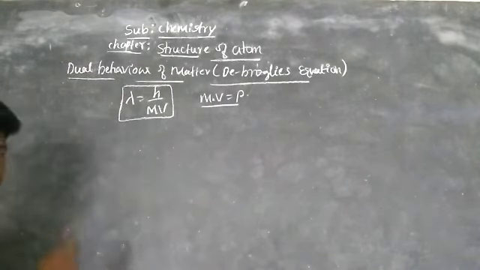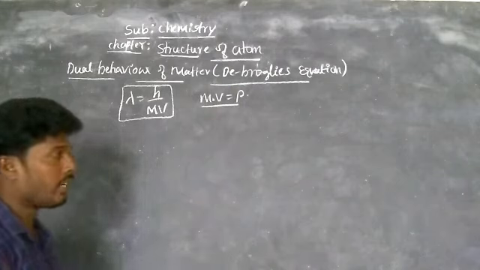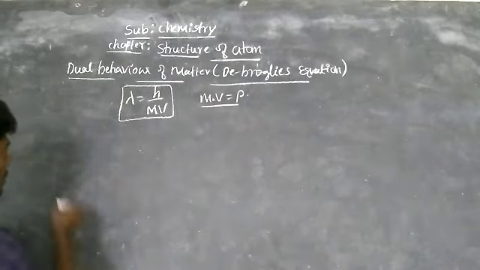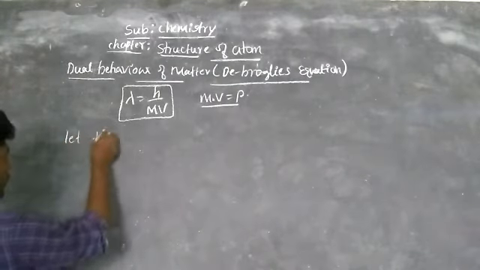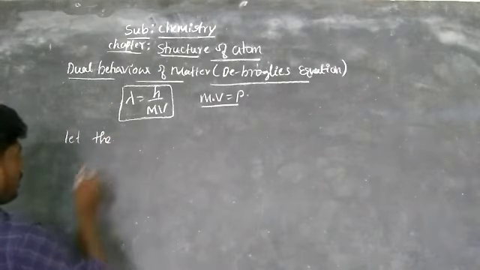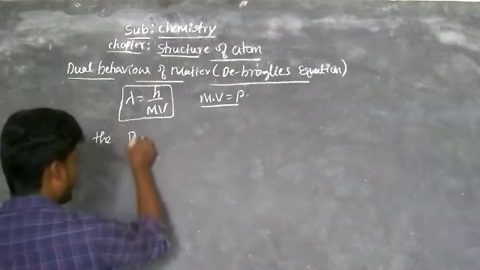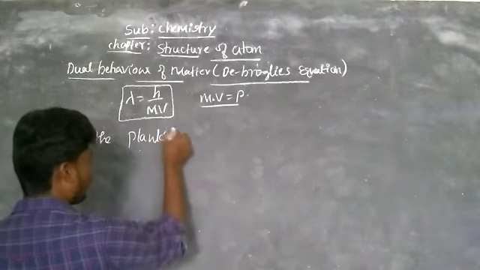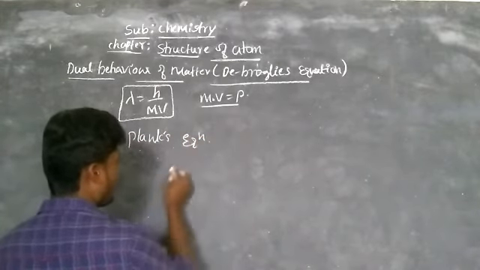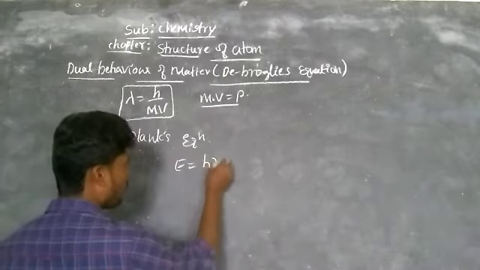Now to prove the de Broglie's wave equation, let's consider the Planck's equation, E is equal to h nu.